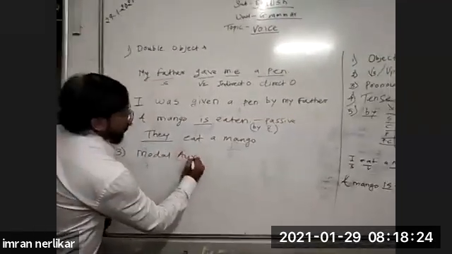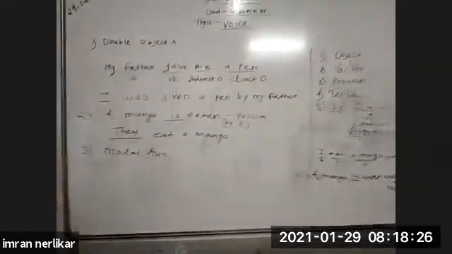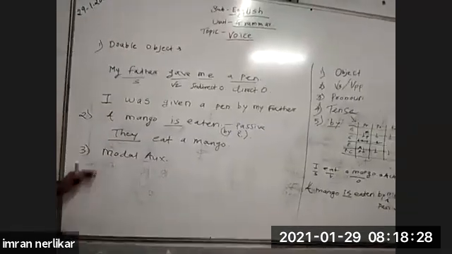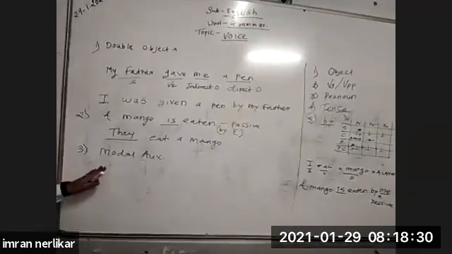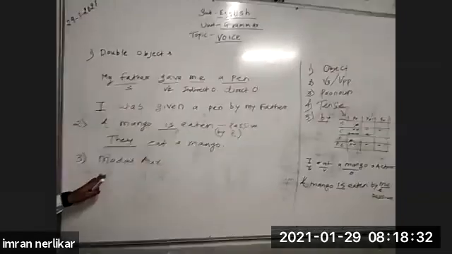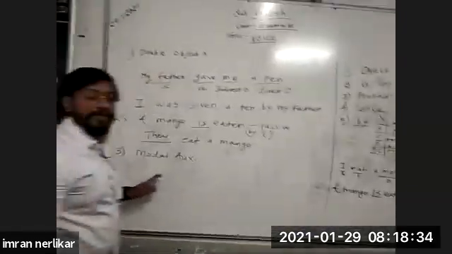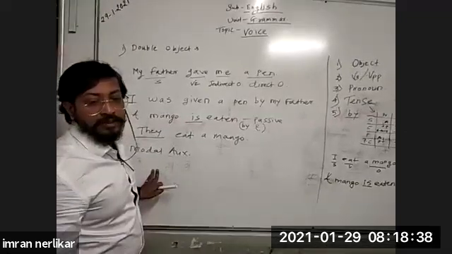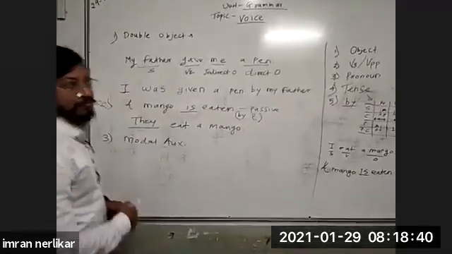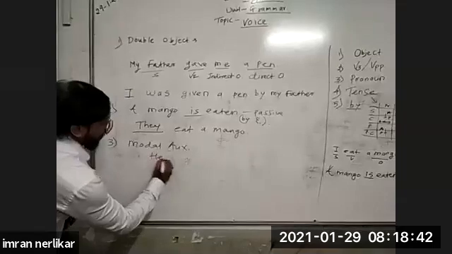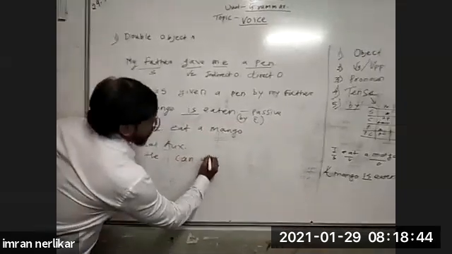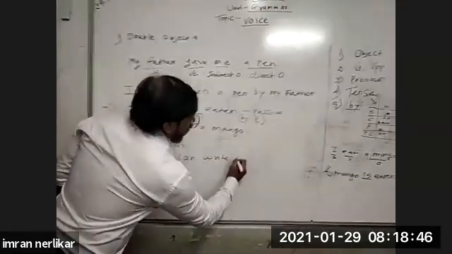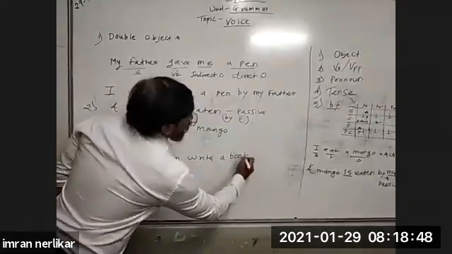Modal auxiliary. So for example, if there is modal auxiliary in any sentence, at that time, how to make it passive? For example, he can write a book.